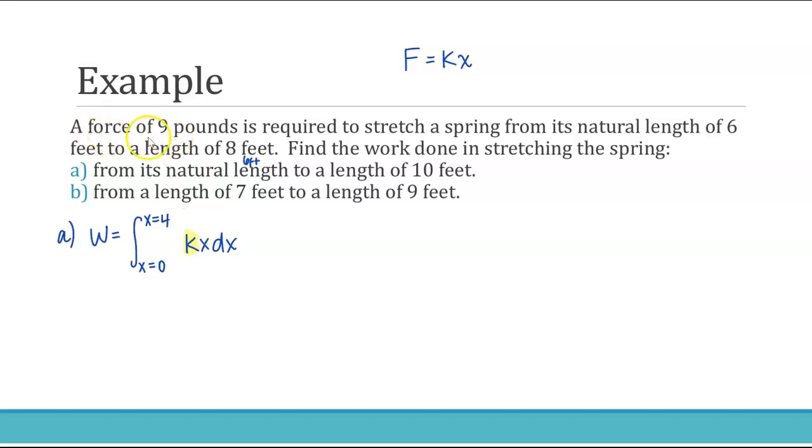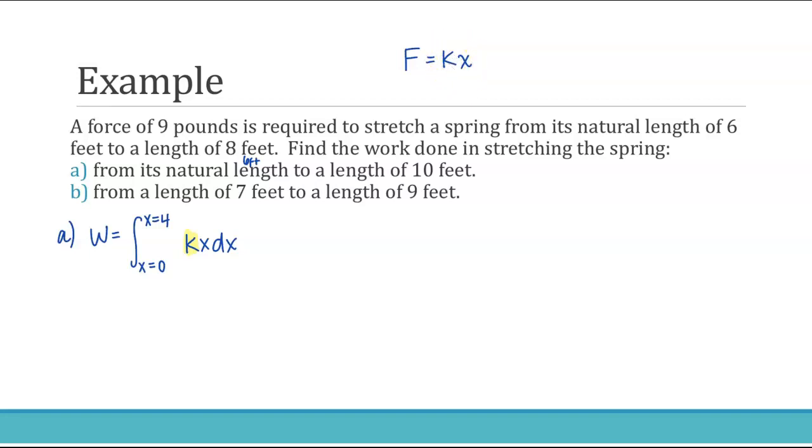We are told that a force of 9 pounds is required to stretch a spring from its natural length of 6 to a length of 8 feet. So to stretch the spring 2 feet, that's the distance traveled by the spring, takes 9 pounds. So we're going to use this equation here to solve for the value of k.